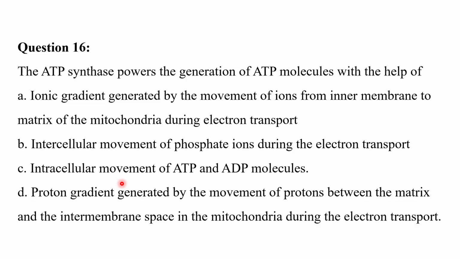So this point should be very clear to all of you. The proton gradient generated by the movement of protons between the matrix and the intermembrane space in the mitochondria during the electron transport is what gives the power to the ATP synthase to generate ATP molecules.